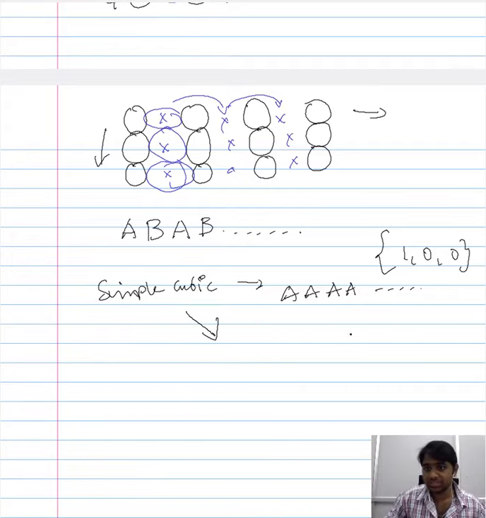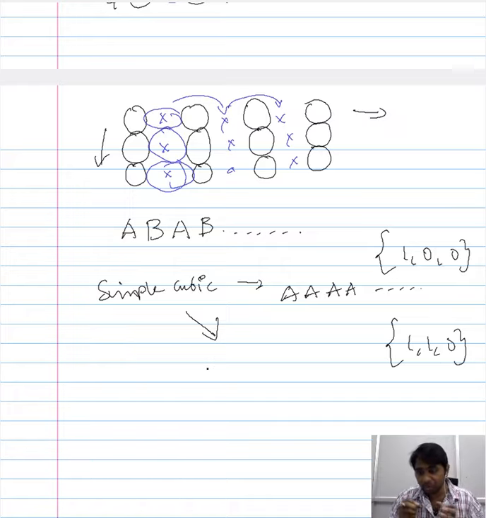The atomic arrangements along the 1, 0, 0 family of planes can be represented this way. However, when we shifted our focus to the 1, 1, 0 family of planes, we observed that the atomic arrangement also characteristically varied, and this can be represented by the AB sequence.